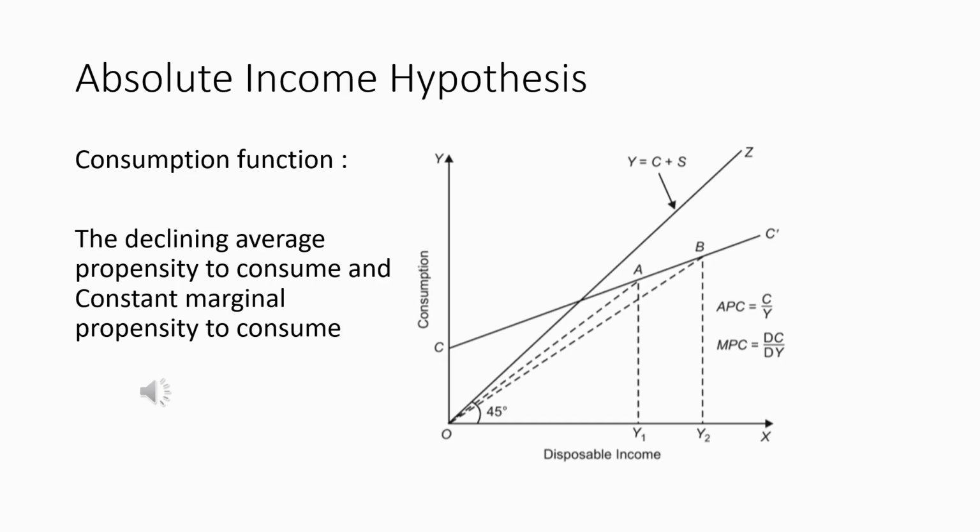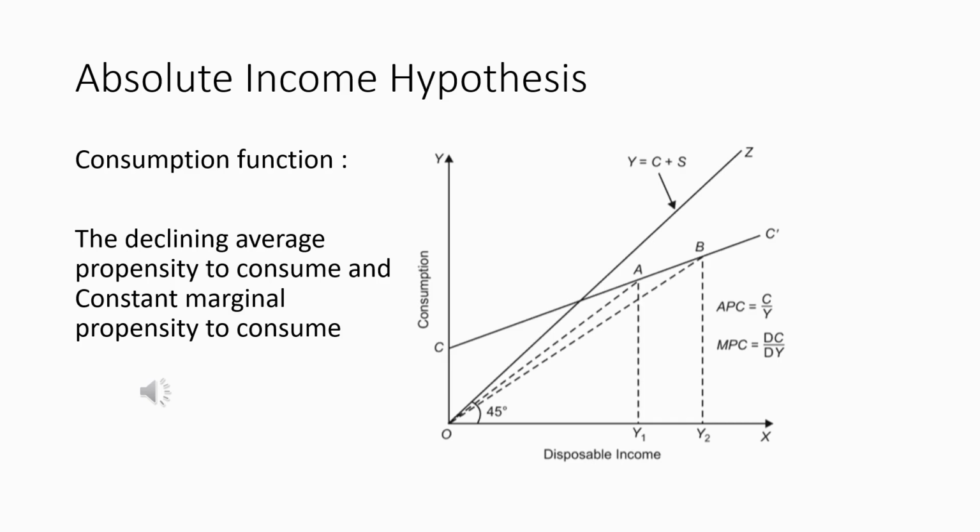The straight line OB drawn from the origin indicates average propensity to consume at higher income level Y2, which has a relatively less slope than the straight line OA drawn from the origin to point A at lower income level Y1.